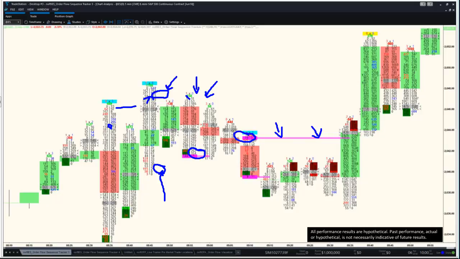Now, when I was a hedge fund trader, the head trader called me into his office one time, which was really bad, because usually that meant you were going to get yelled at.